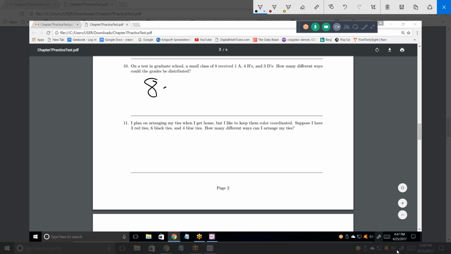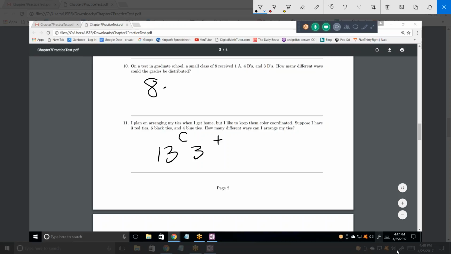So how many ways can I arrange my tie? In other words, I could have red, black, blue. I could have red, red, red. In other words, I've got 13 choices. It's not 13 factorial, is it? I don't think so. It's 13 choose. There's that many ways to arrange the red ties.